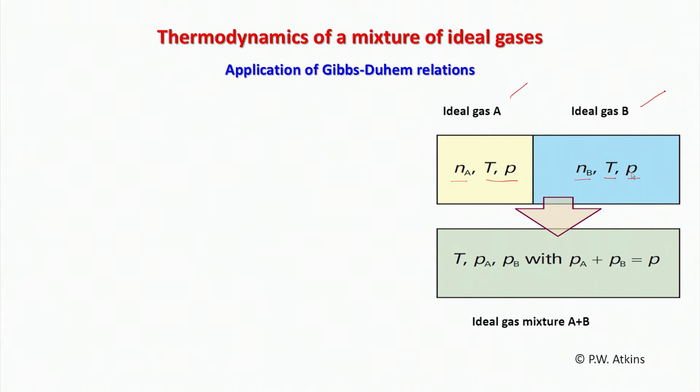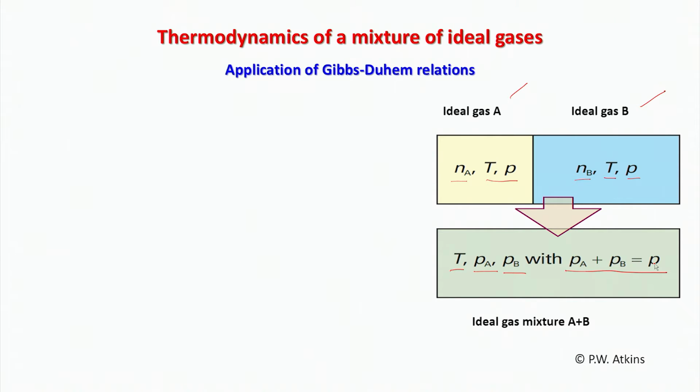Now I allow these two gases to mix such that in the final equilibrium, I have the same temperature T, the partial pressure of the gas A is Pa, and the partial pressure of the gas B is Pb, such that in the final mixture Pa plus Pb is equal to P, that is the same pressure at which the pure substances A and B were present before mixing.